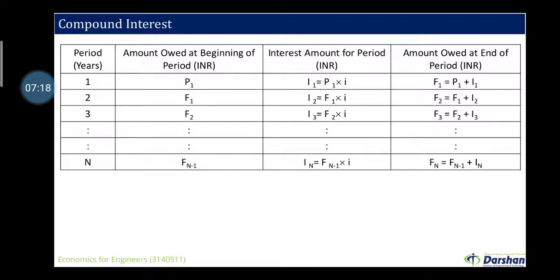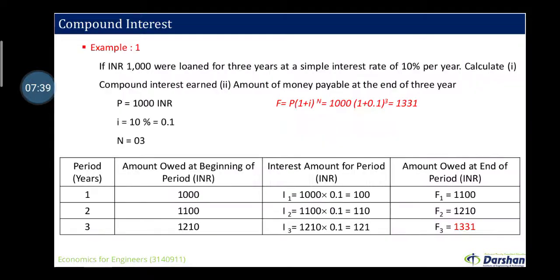So you multiply your amount by your interest rate. Then the amount at the end of the year that you should pay is the total of the principal amount plus interest, the total amount that you should pay after the years, right? So here are the examples so you can easily understand this compound interest formula.